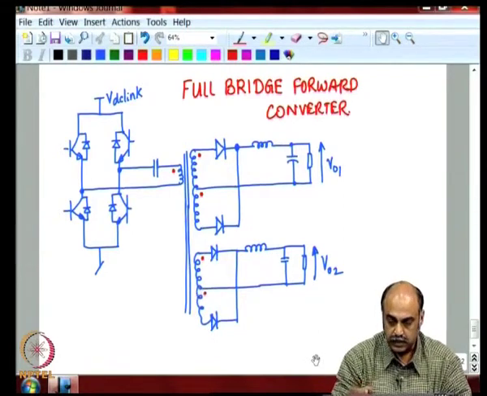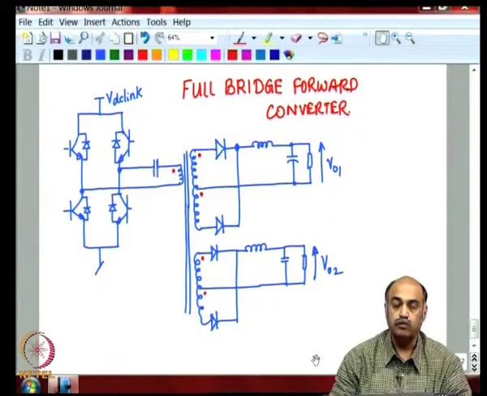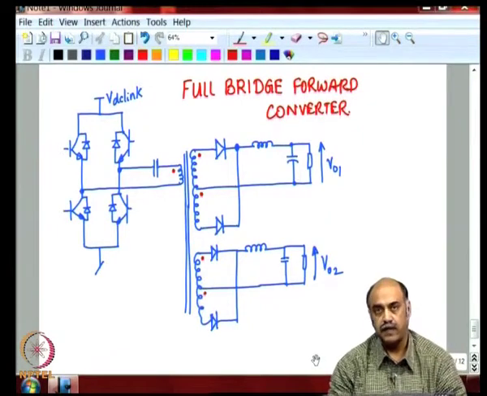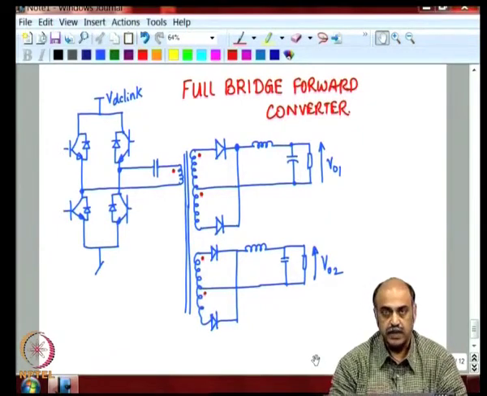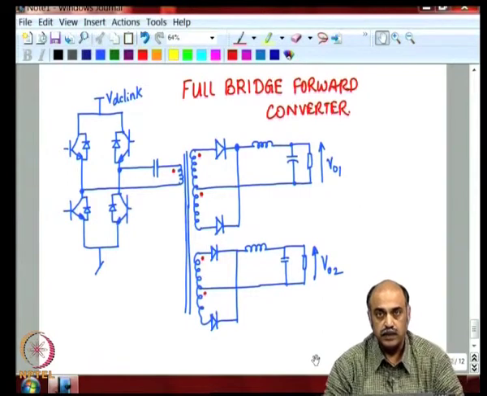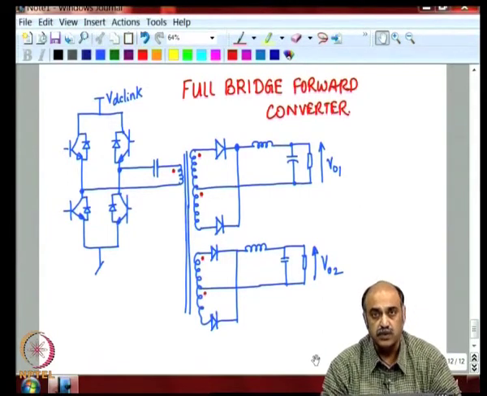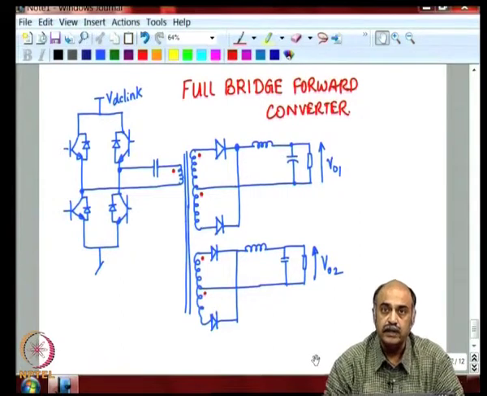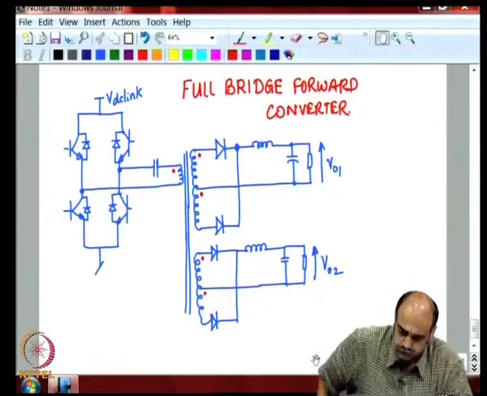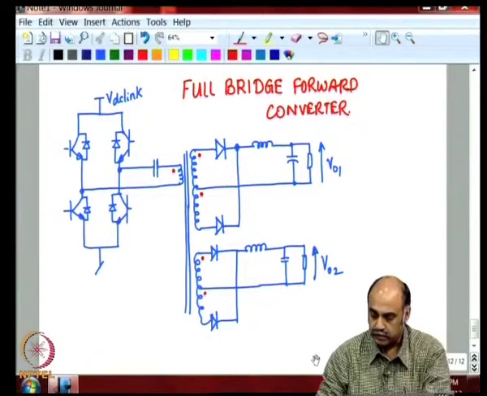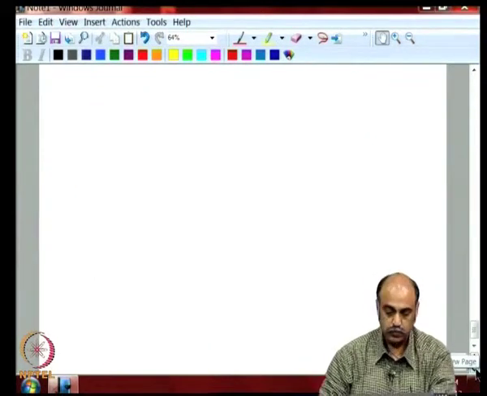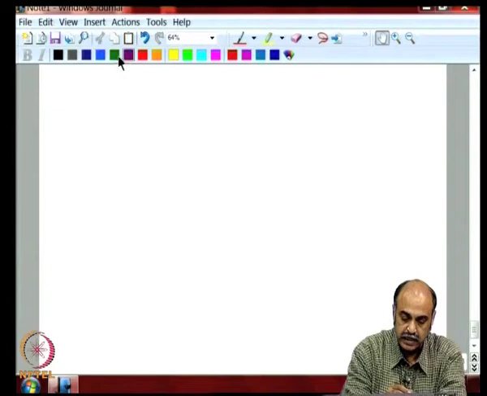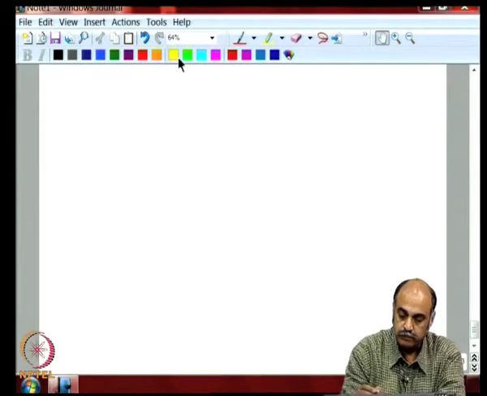We shall after this have a brief look at how you go about designing a flyback converter, which is actually an isolated converter without a transformer. The isolation is by a multi-winding inductor. Okay. So, now coming back to this topic, let us go through the process of designing it step by step.